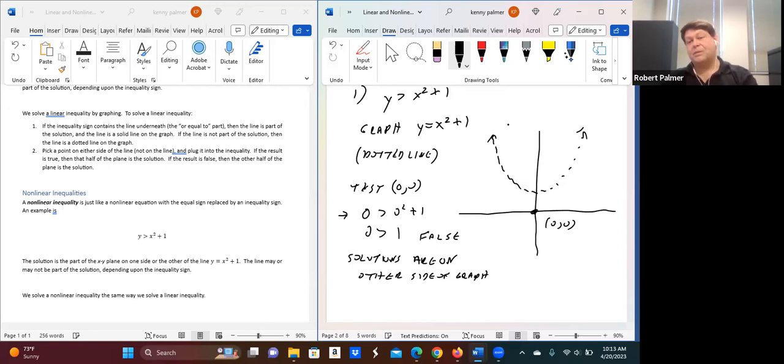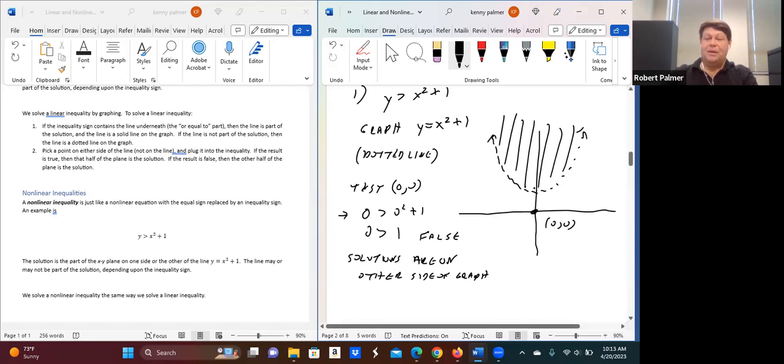Basically the solutions are above the line y equals x squared plus 1. Also, if you plugged in a point above this line, maybe like 0, 5 or something like that, you would have gotten a true statement. And if you plugged in a point on the line like 0, 1, the y-intercept, you can try this on your own, you'd also get a false statement since points on the graph are not a solution themselves. And that's what our solution looks like.